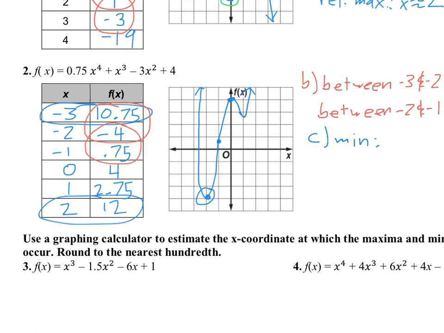So we have a minimum around -2. And then we don't have an absolute maximum, but we have a relative maximum, so a temporary maximum. And that would be at x is 0. And there is no absolute maximum because both ends go up.